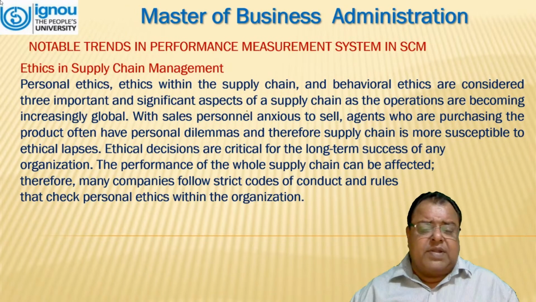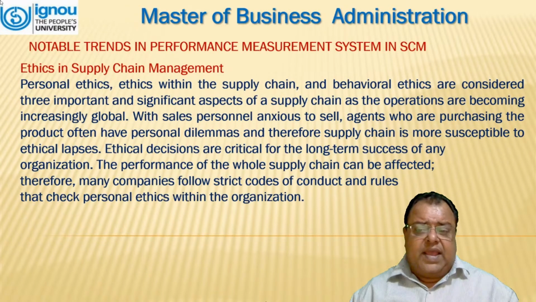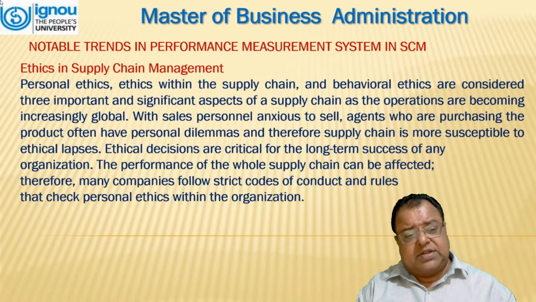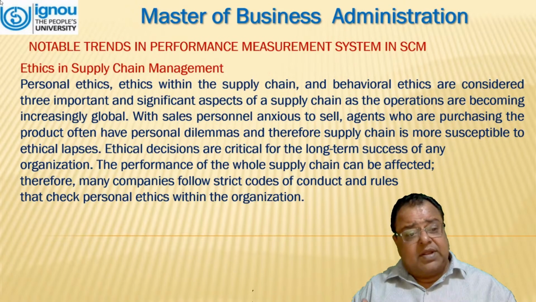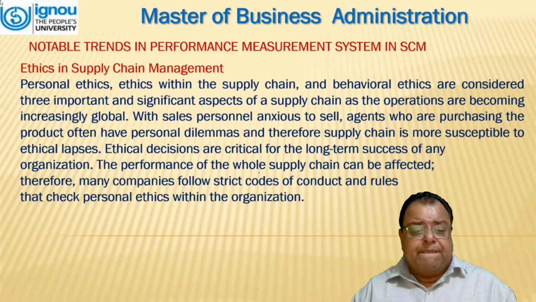With sales performance anxious to sell, agents who are purchasing the products often have personal dilemmas, and therefore the supply chain is more susceptible to ethical lapses.